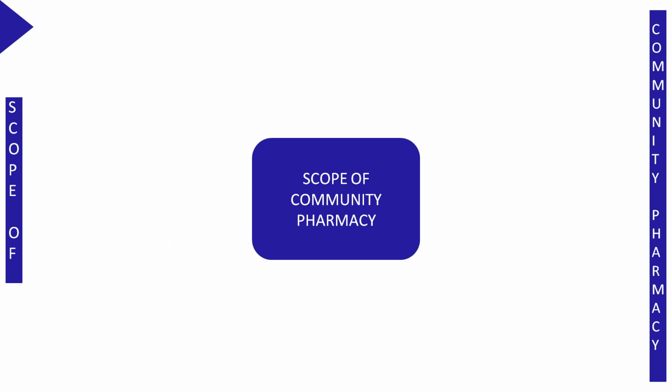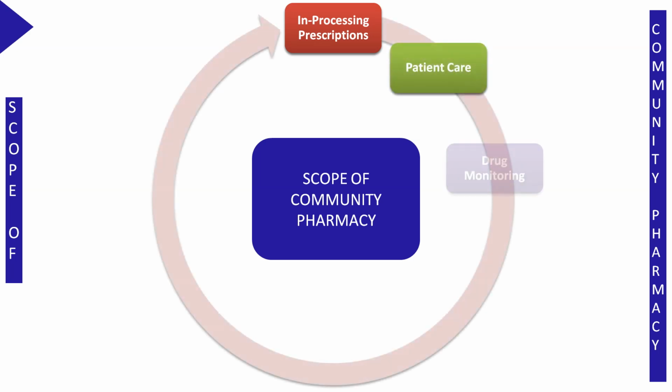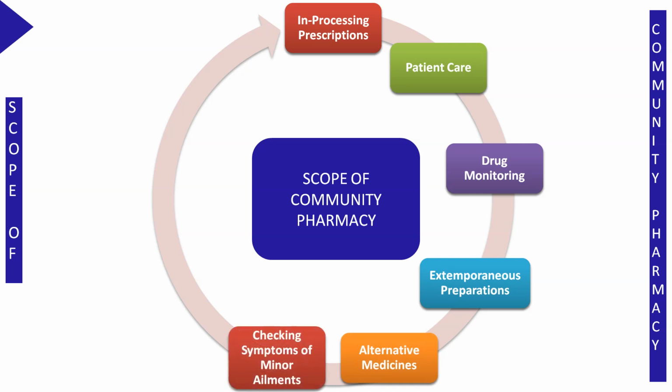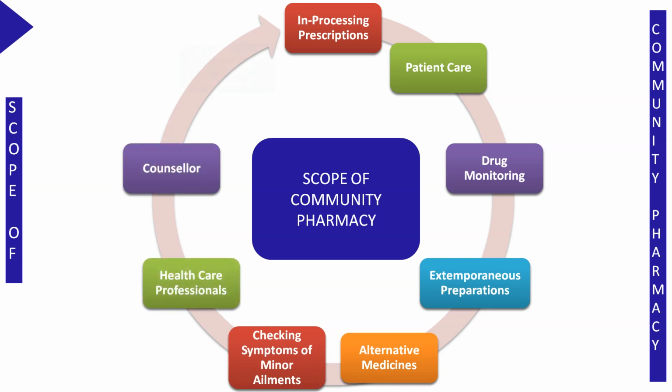Now, we shall understand the various scopes of community pharmacy, which include processing prescriptions, patient care, drug monitoring services, extemporaneous preparations, alternative medications, checking the symptoms of minor ailments, healthcare professions, counselors, and prophylaxis and health promotion.